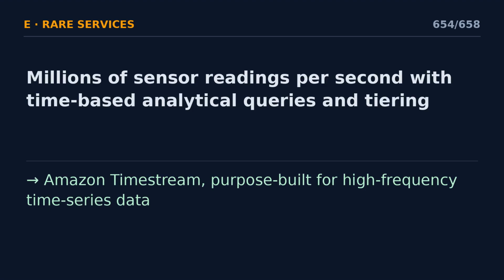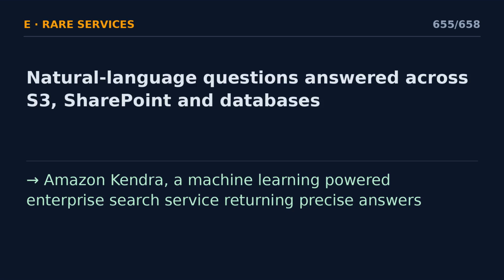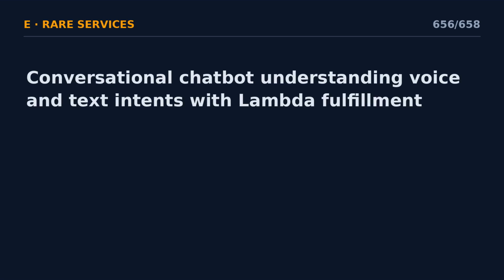Answer: Amazon Timestream, purpose-built for high-frequency time series data. Natural language questions answered across S3, SharePoint, and databases. Answer: Amazon Kendra, a machine learning-powered enterprise search service returning precise answers.